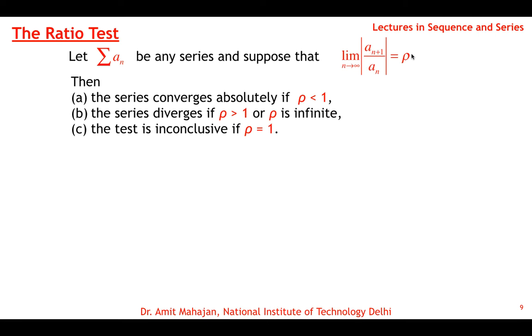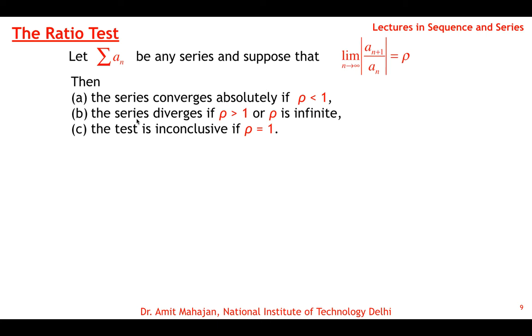is rho, where rho is some constant, then the series converges absolutely if rho is strictly less than 1. Converging absolutely means that this series converges and the series of absolute values is also convergent.